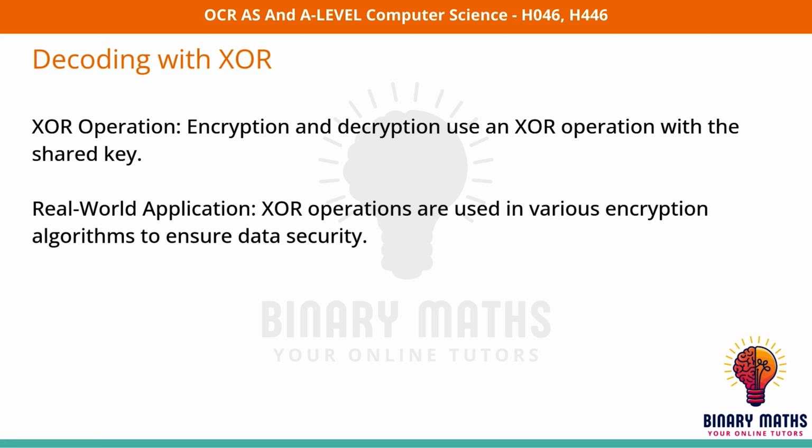This process ensures that the ciphertext is completely random and cannot be decrypted without the key. The exclusive OR operations are used in various encryption algorithms to ensure data security. This method is fundamental to the operation of the Vernam cipher.